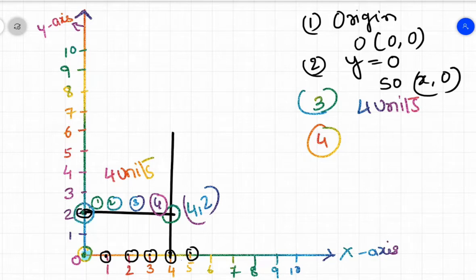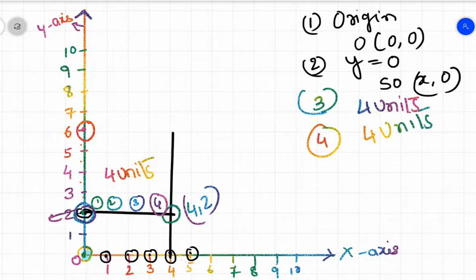So this point. Then 0, 6 means 0 on the x-axis and 6 on the y-axis. So this point. What is the distance between 0, 2 and 0, 6? It is 1, 2, 3, 4. Again 4 units.